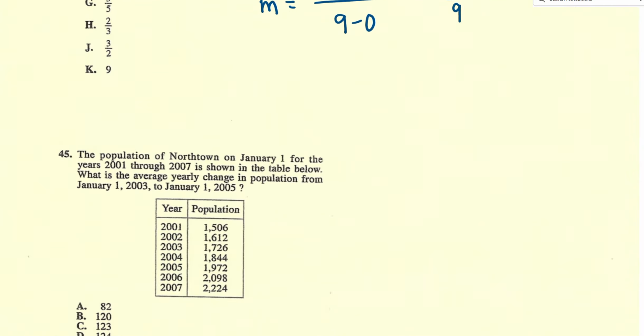Okay, here's another way that they ask for slope, but you might not recognize it. It gives us the population of Northtown on January 1, 2001 through 2007, and it's shown in this table. The question says, what is the average yearly change?